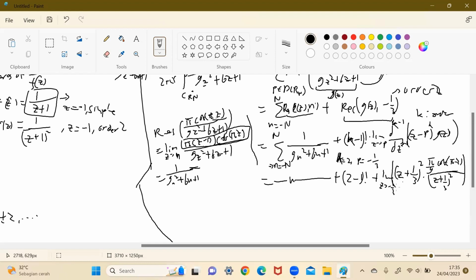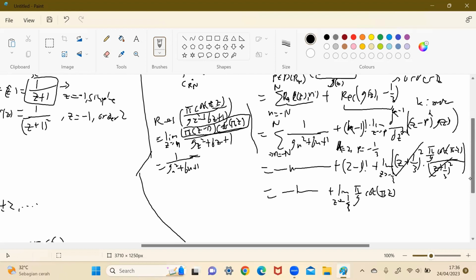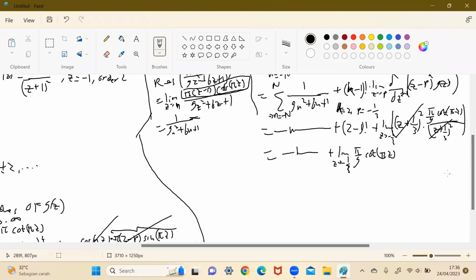So here we can cancel out the (z plus 1/3) squared, and it leaves us with this thing. So here, 1 times the limit as z goes to negative 1/3 of this. Oh, sorry, I forgot. We have to differentiate it.